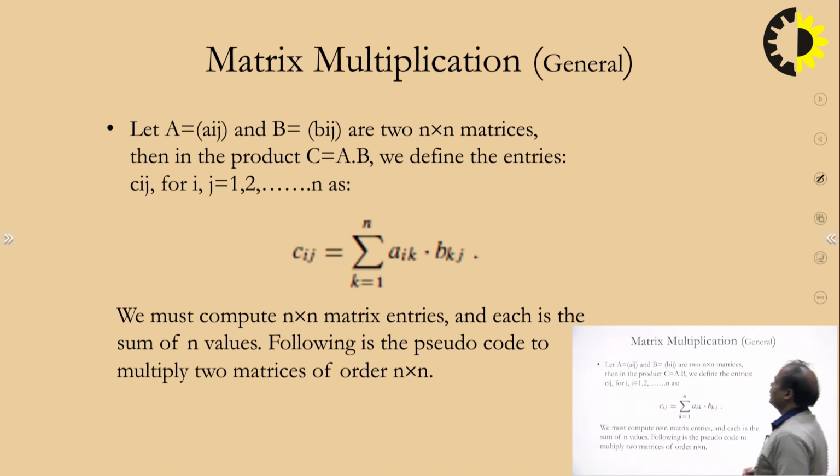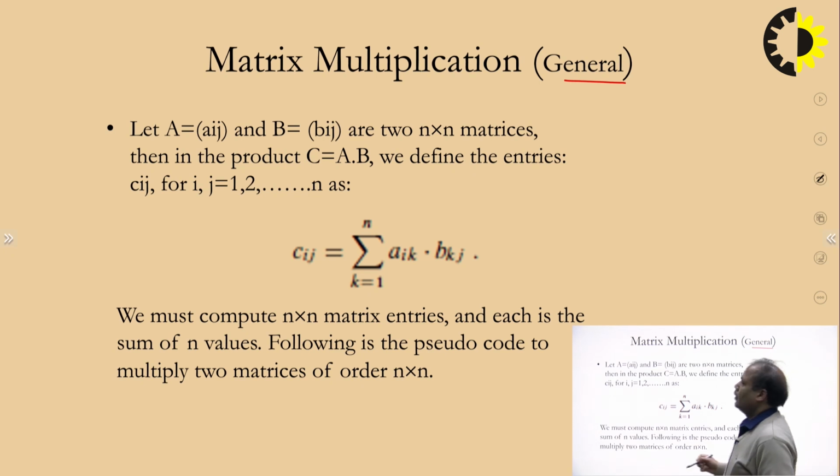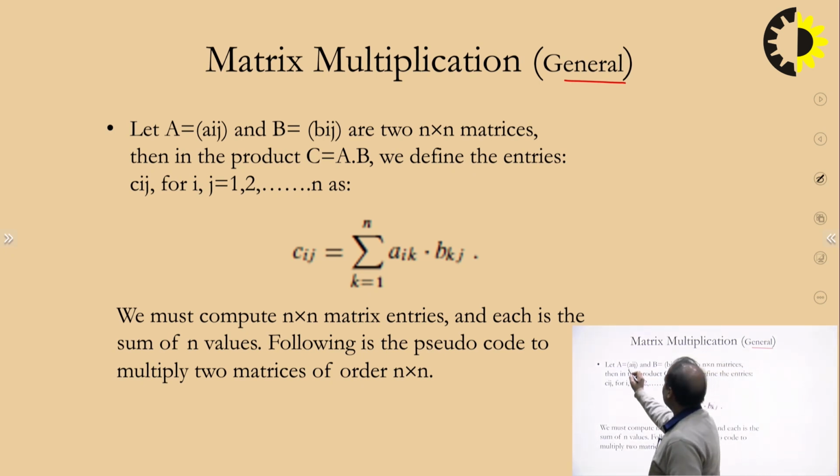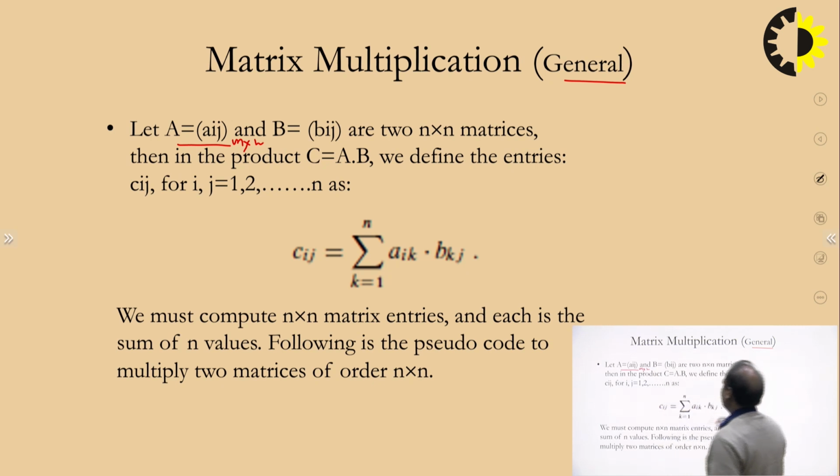So let's understand matrix multiplication in general, right? Suppose we have two matrices A, Aij, with dimension m by n.